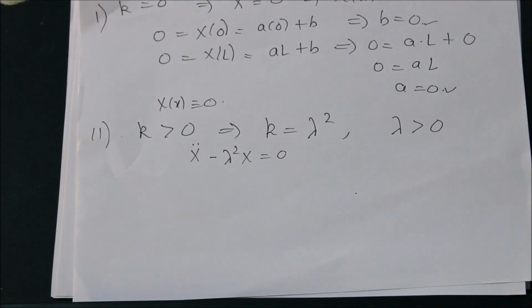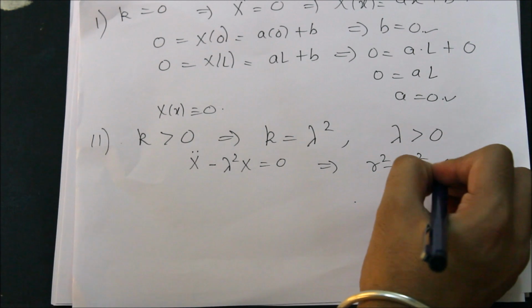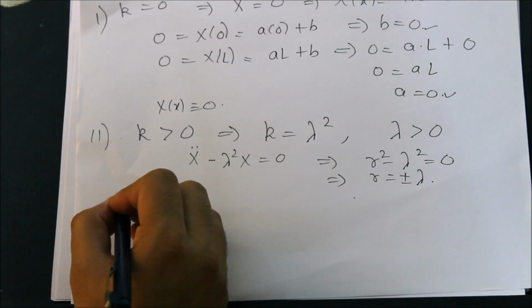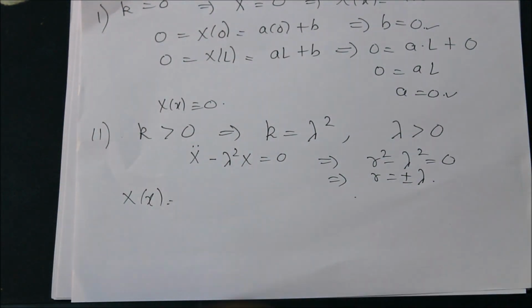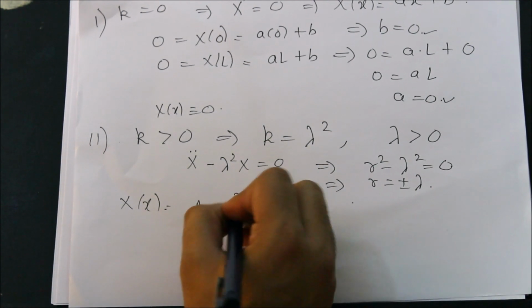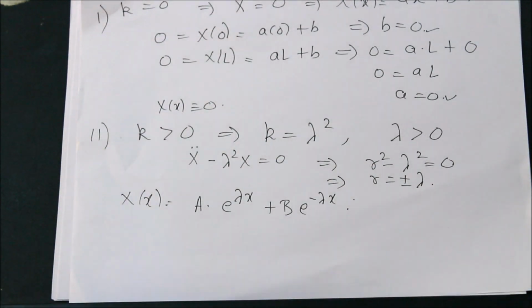If you find the auxiliary equation, r square minus lambda square equal to 0, so r is plus minus lambda. Therefore, since the roots are real and distinct, your x of x is a into e raised to lambda x plus b into e raised to minus lambda x.